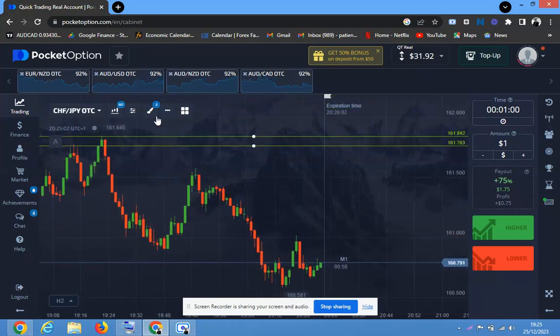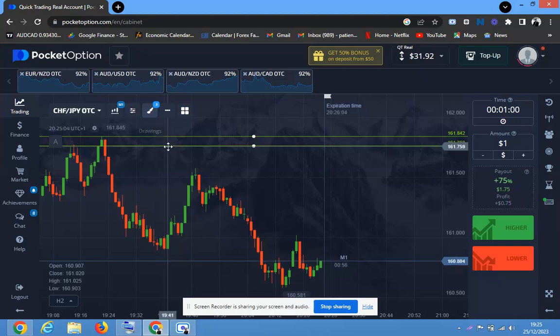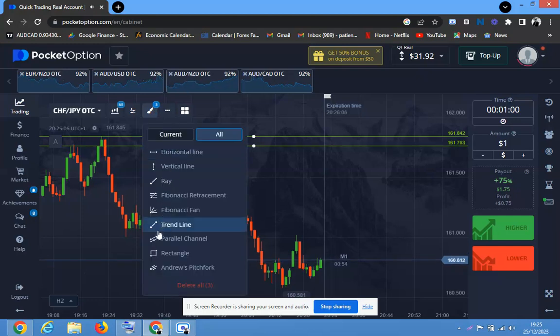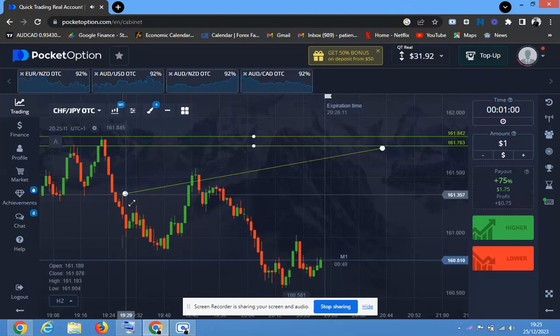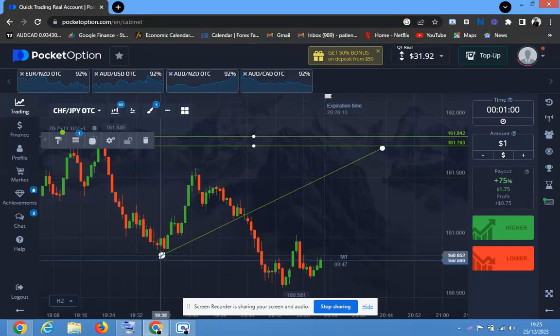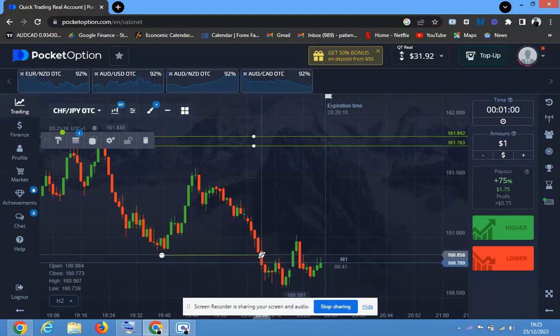Okay, as you can see, the market is approaching downside. Then I draw a single line starting from here, and I extend it to this level.